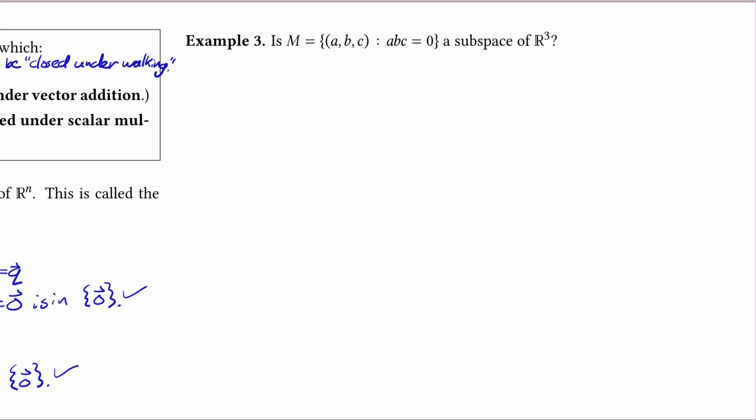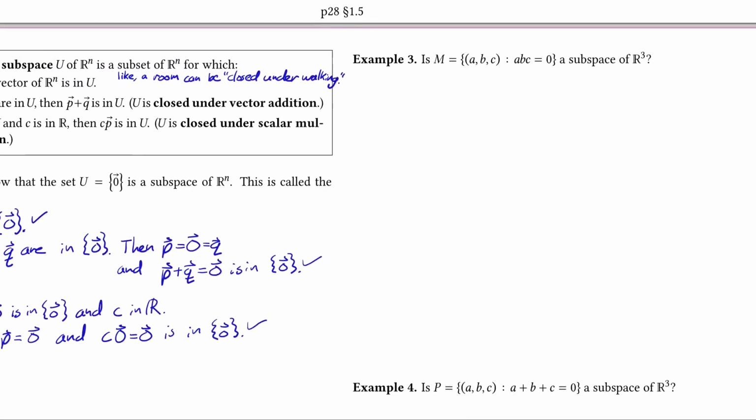So M is the set of vectors of the form A, B, C such that A times B times C equals 0. And it's definitely a subset of R3 because we're talking about R3 vectors. But the question is, does it meet all three of these conditions?